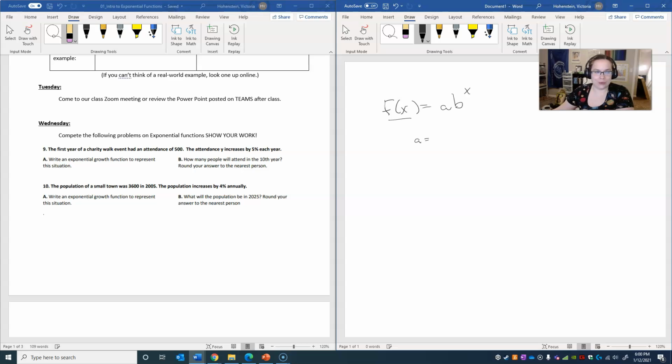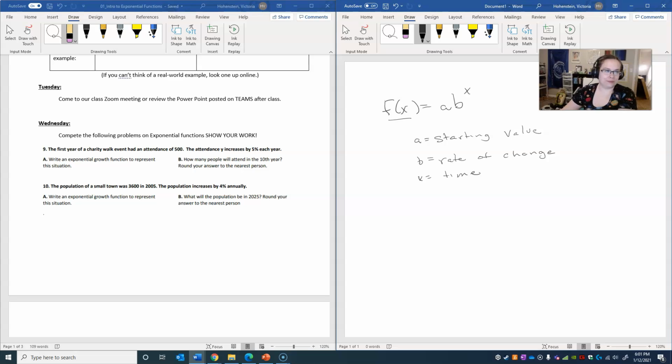A is going to equal our starting value. And b is going to equal our rate of change. And x is time. The unit for time can vary based on the unit you start with. It's usually years for these problems.